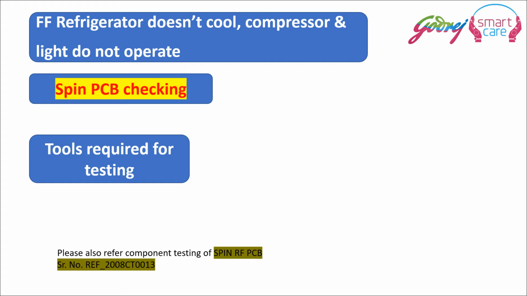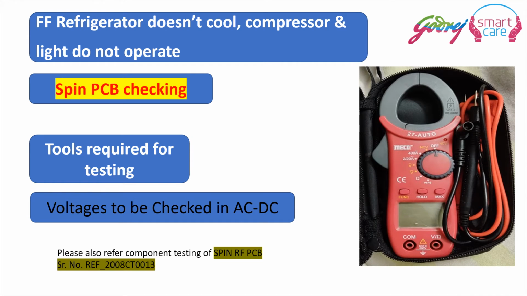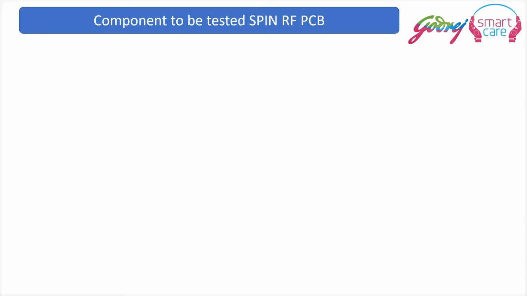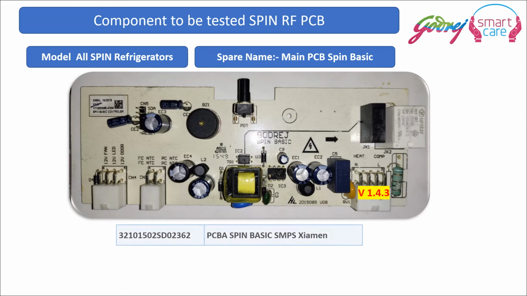The PCB checking for spin kind of refrigerators, we need a very good multimeter for that, because we have to check various voltages in AC and DC. In all spin refrigerators, the basic layout of the control PCB is more or less the same. This is the spin basic PCB, which has got a knob directly mounted on the PCB.